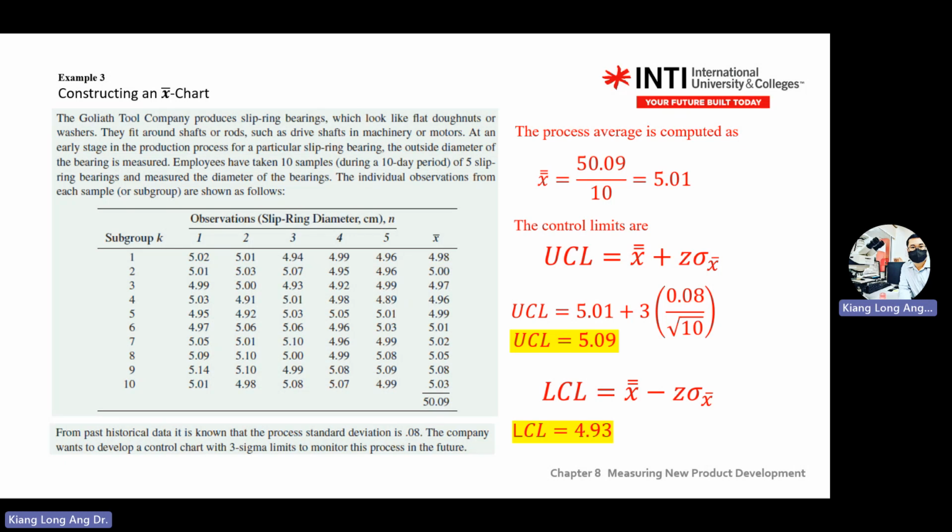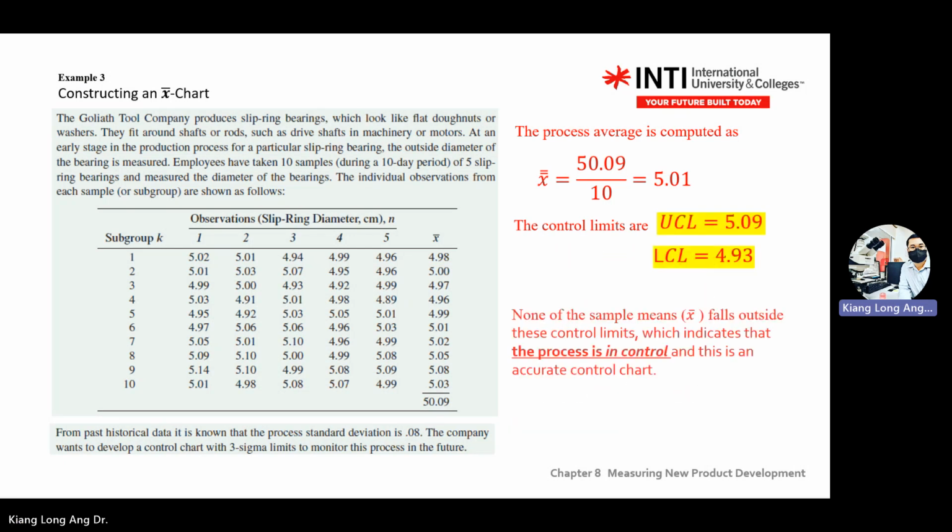Important in control chart, you have 3 lines, like you playing badminton. Where's your in and out? In this case, once you have the upper and lower control limit, you have 5 point something, 4 points, about 5.